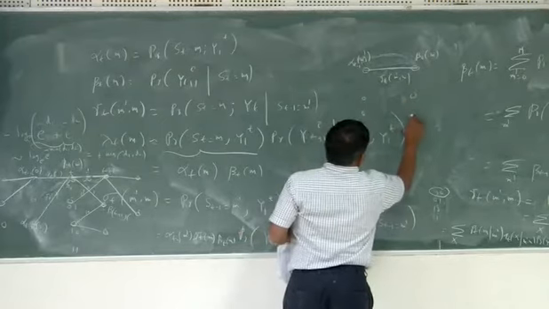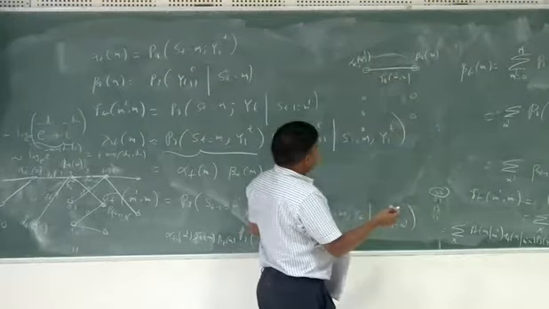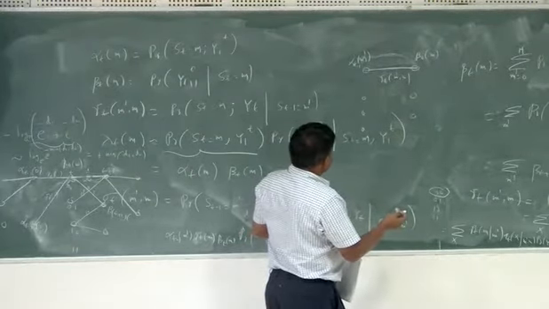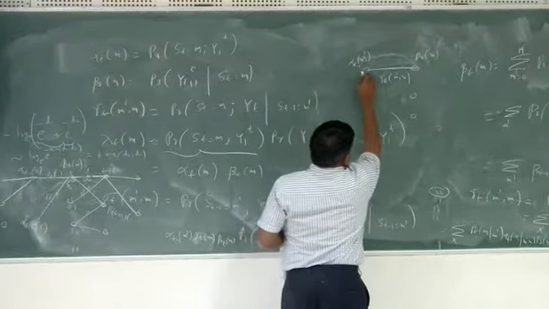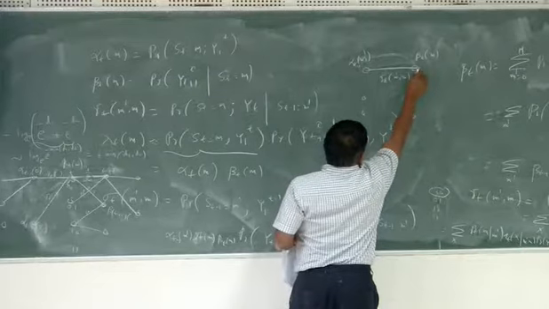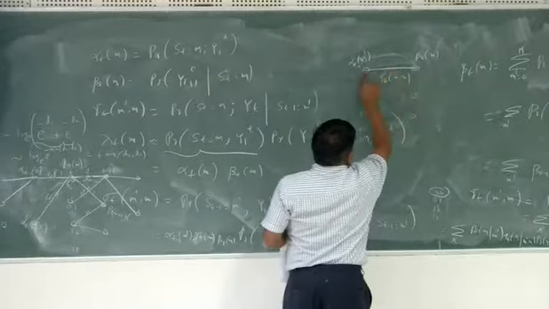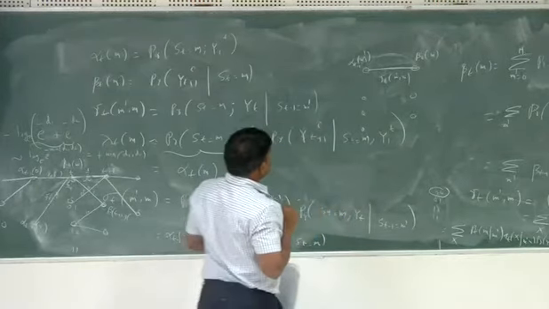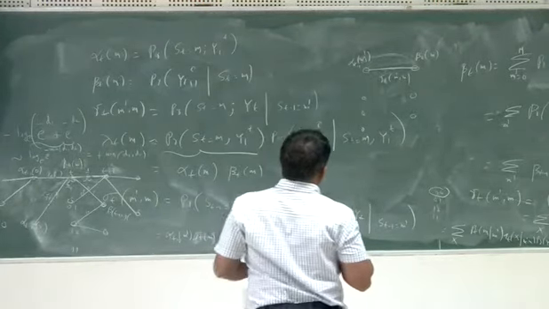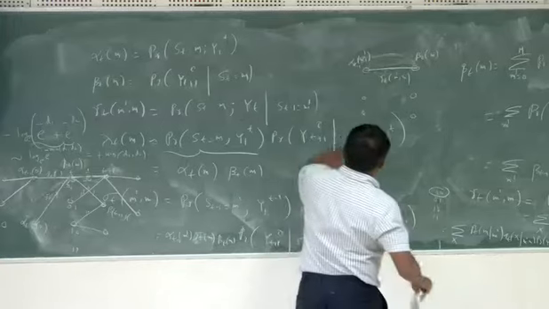Well, if all these transitions are given to you, then you have the forward metric, you have the backward metric. Well, you still have to calculate the backward metric here. Okay, that's right, you may skip that.